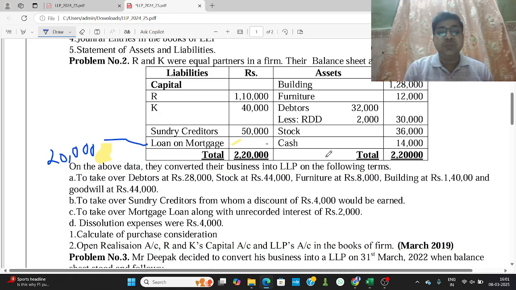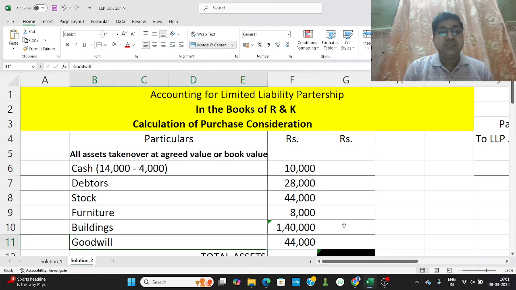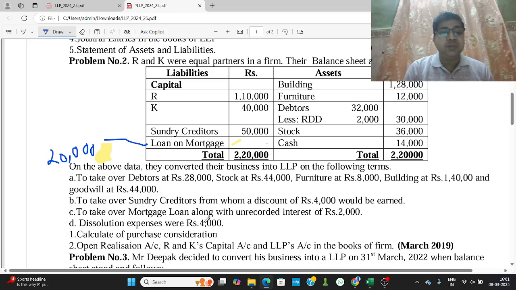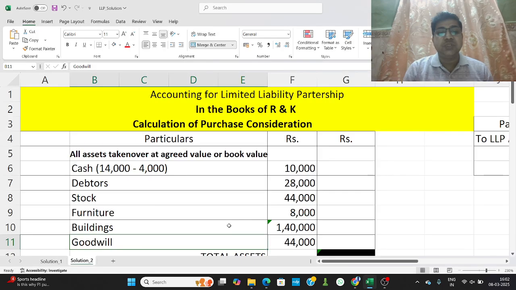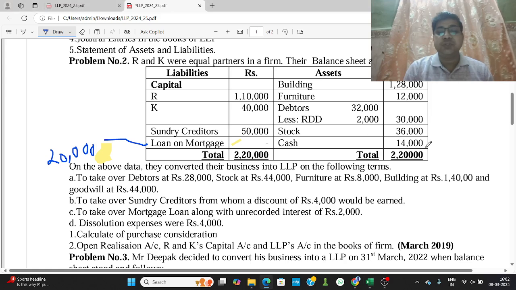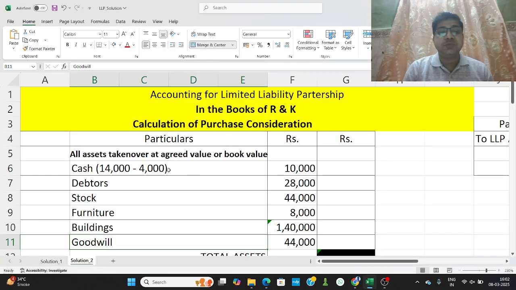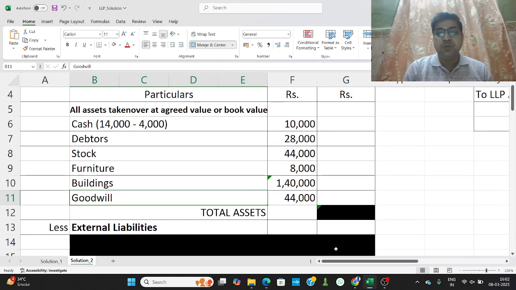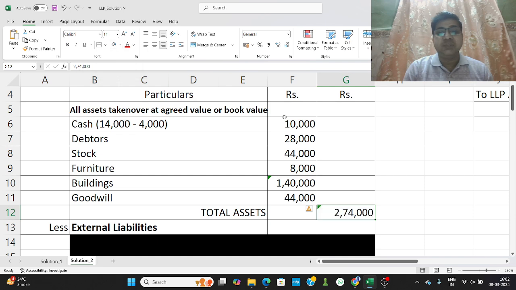Then the cash value is 14,000, and we have to incur the dissolution expenses of rupees 4,000, which we deduct from the cash. Cash of 14,000 minus dissolution expenses of 4,000 leaves rupees 10,000. So putting it from the inner column to the outer column, the total assets are 2,74,000.